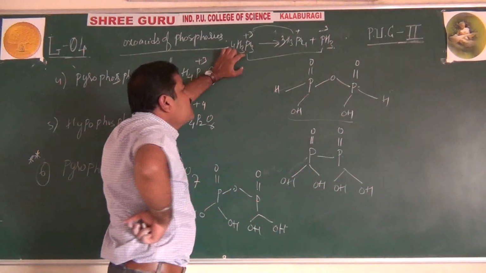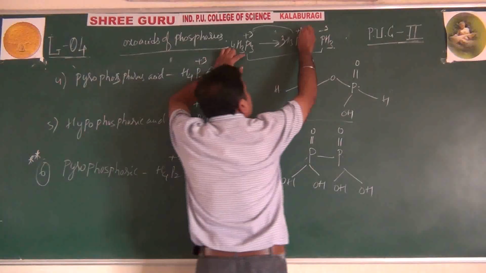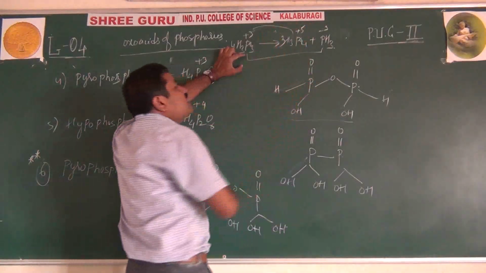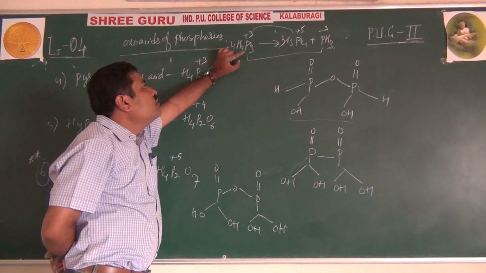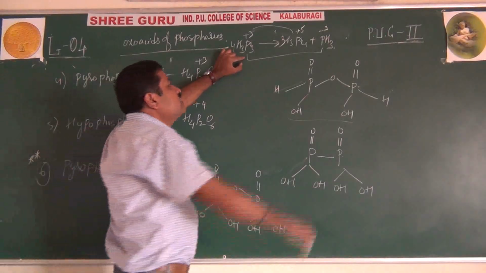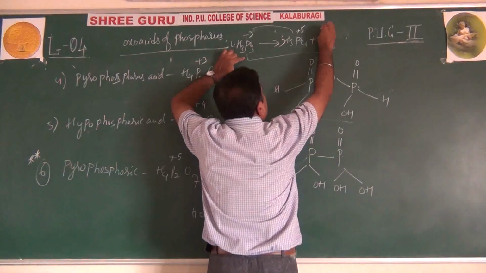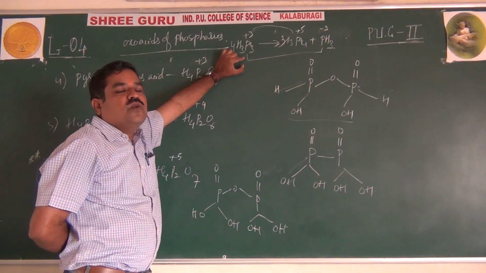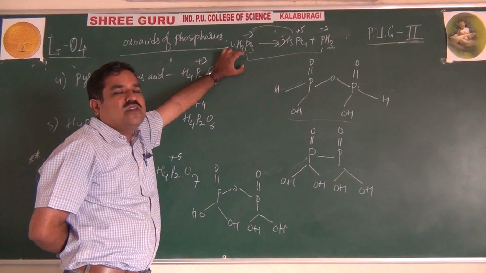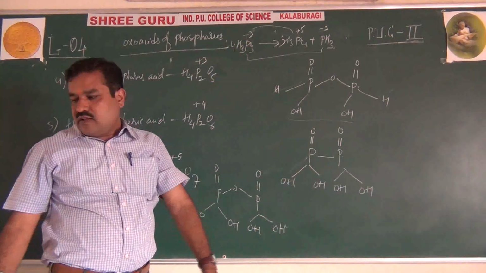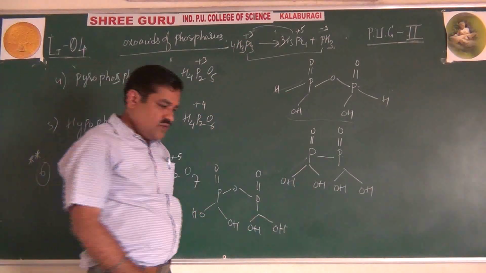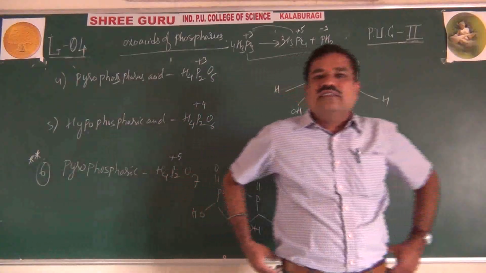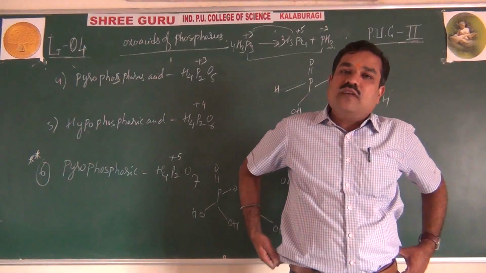Same element, plus 3 to plus 5, increase in oxidation number, oxidation. Plus 3 to minus 3, decrease in oxidation number, reduction. The same element undergoes oxidation and reduction. This type of reaction is called a disproportionation reaction. That means lower oxidation state elements disproportionate to higher oxidation state and become stable.